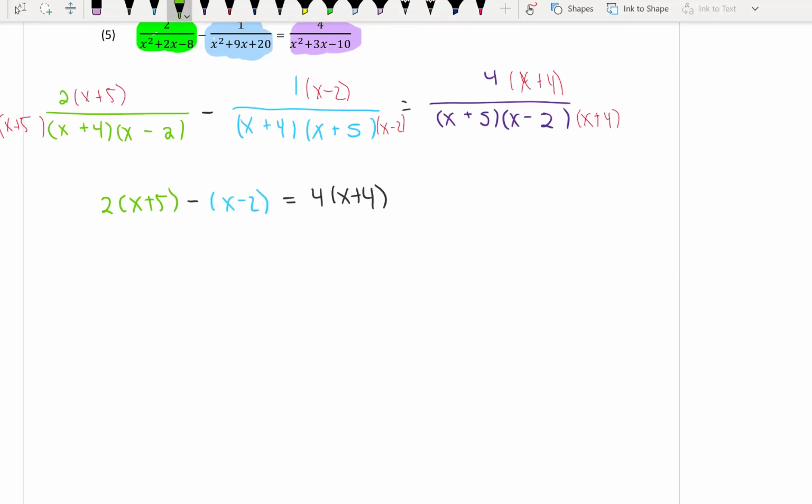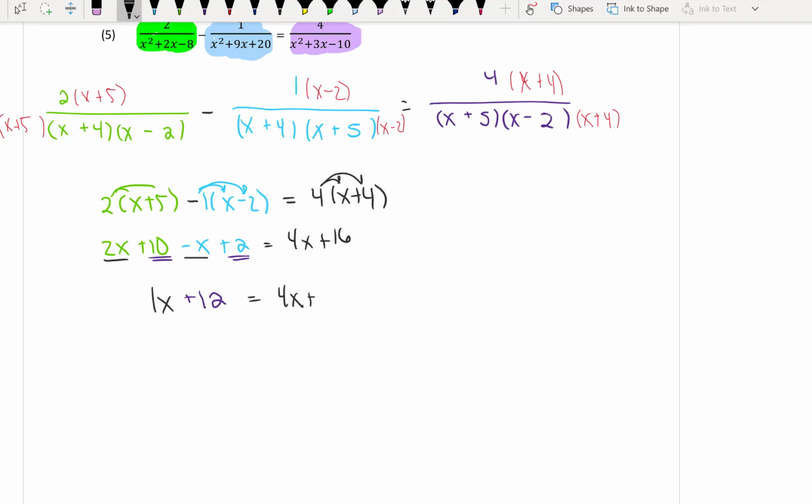So when I distribute and combine like terms, I will have 2x plus 10 minus my x plus 2 equal to a 4x plus 16. So to combine like terms, 2x and a negative x would be a 1x. If I have a positive 10 and a positive 2, I would have a positive 12. And that's equal to a 4x plus 16.